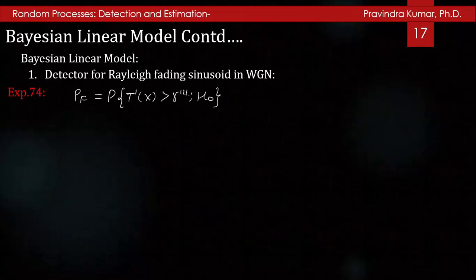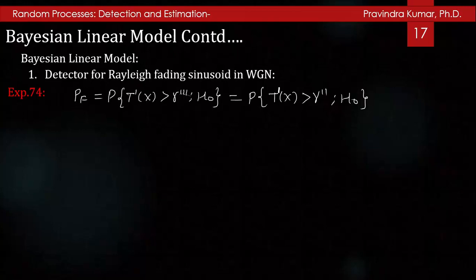Now, the probability of false alarm will be the probability of T'(x) greater than gamma triple dash under hypothesis H0. So it will be the probability of the test statistic being greater than gamma triple dash under hypothesis H0.